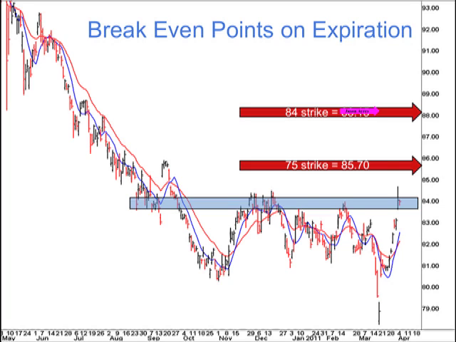So this actually gives us a higher probability that we're going to profit. So we're putting up a greater amount of capital, but we're increasing our probabilities of being able to profit by lowering our break-even point based on where the underlying is trading at presently.